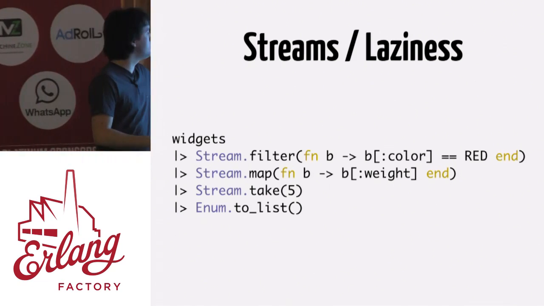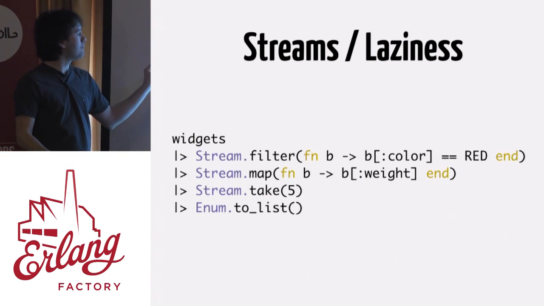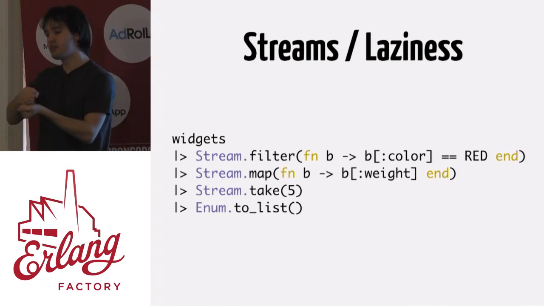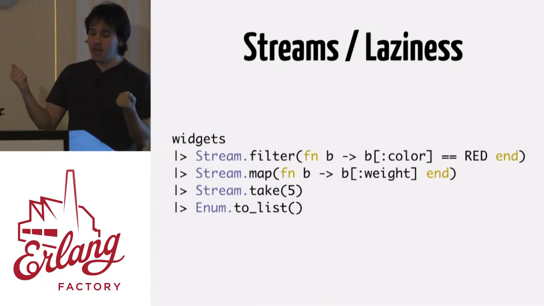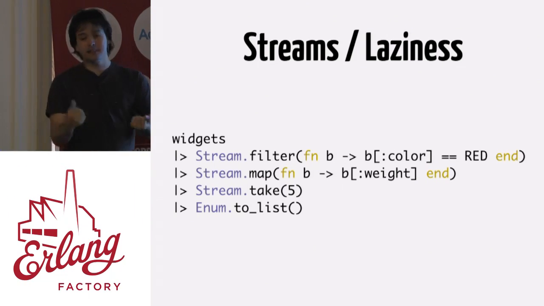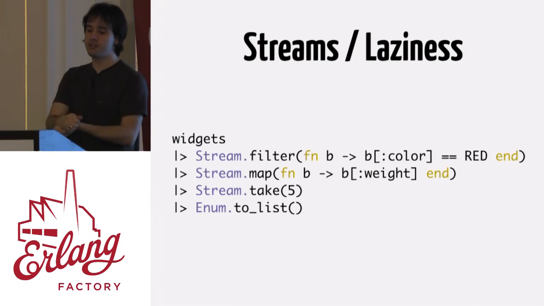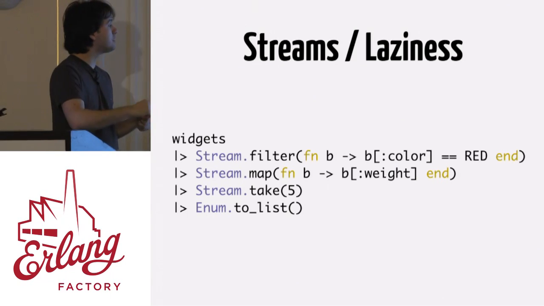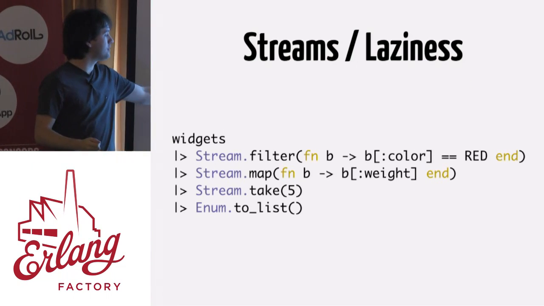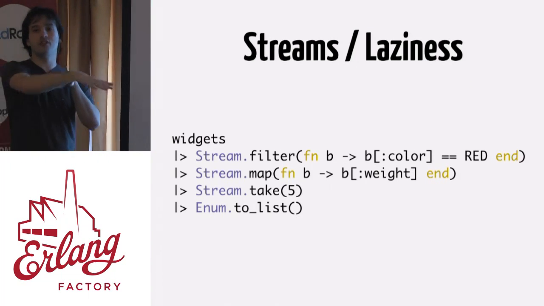And here's lazy, right? So the widgets, when we pass it to a stream filter, it's not going to filter the widgets, it's going to store this computation. And then when we call stream.map, it's going to store this computation too. And stream.take is going to store this computation too. And when we call enum to list, everything is executed. And what is really nice about this is that when you say stream.take, it's going to execute just the first items.